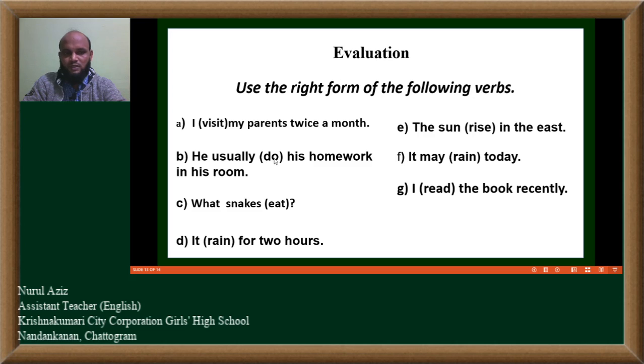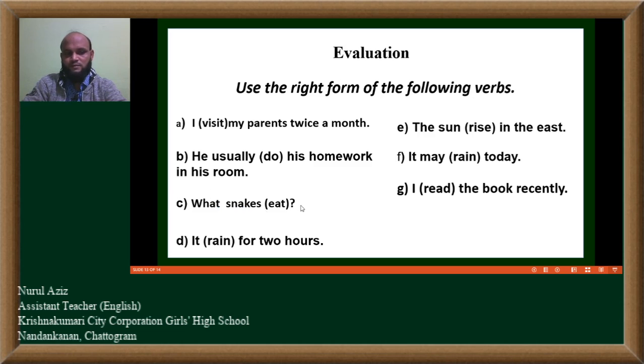He usually do his homework in his room. So the subject is in third person singular number, and of course there is usually that indicates this is in present simple. So you have to write the verb with s or es because the subject is in third person singular number.